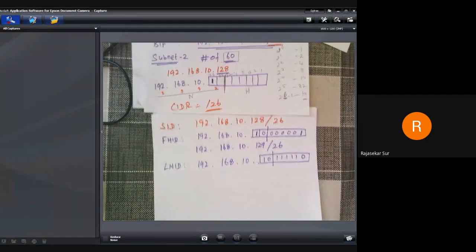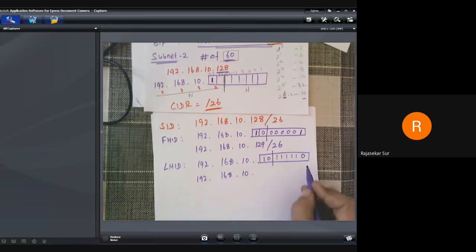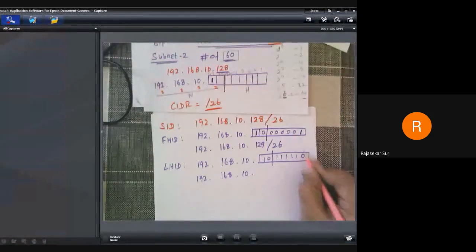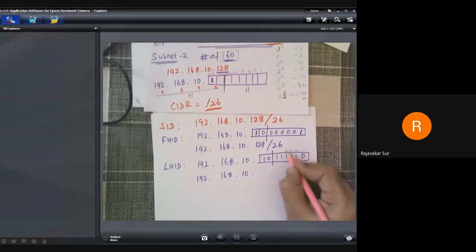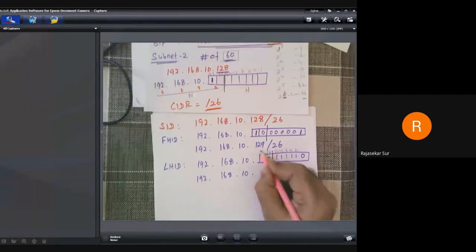Now you can take the place values and add everything: 1, 2, 4, 8, 16, 32, 64, 128.